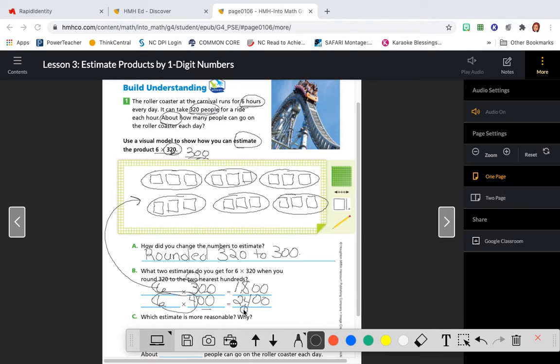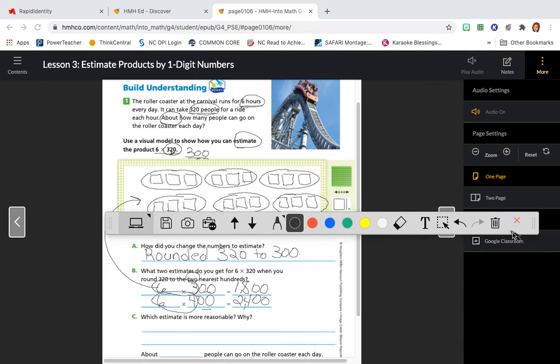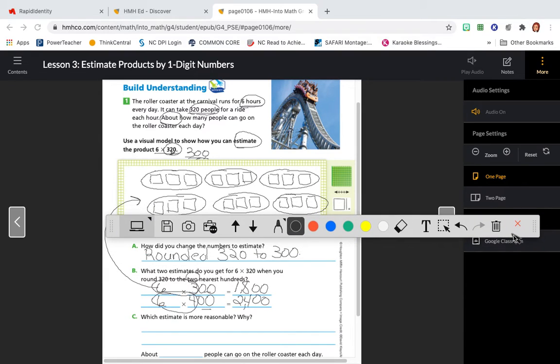Now, let's look at C. Okay, C says, which estimate is more reasonable? So now we've got to think about this. Again, looking at our problem. Carnival runs for 6 hours every day. Can take 320 people for a ride each hour.